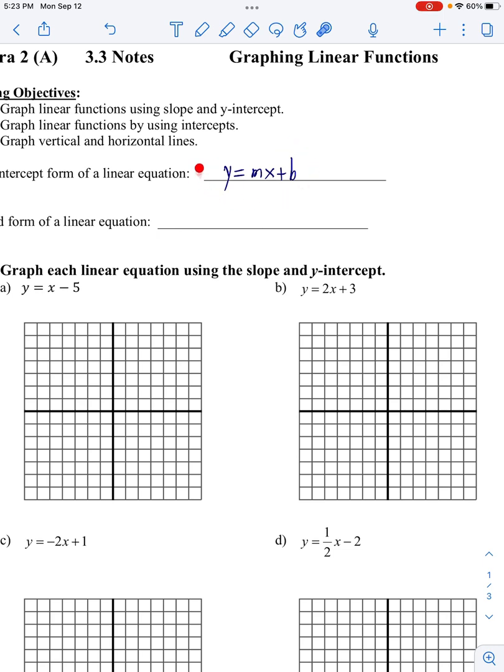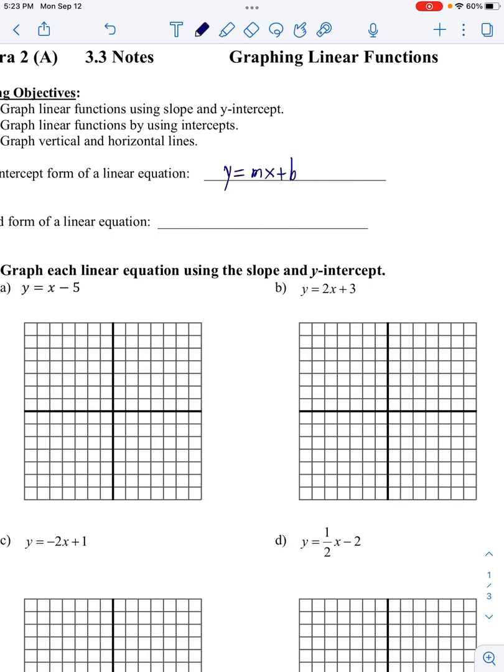Y equals a number times x plus just some constant number. So examples would be like y equals 2x minus 4, or y equals negative 4x plus 6, or y equals just x plus 1, or even y equals x. That's technically y equals x plus 0. So these are all slope-intercept form.